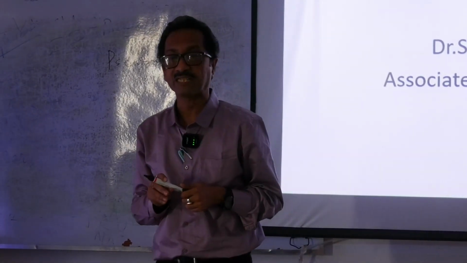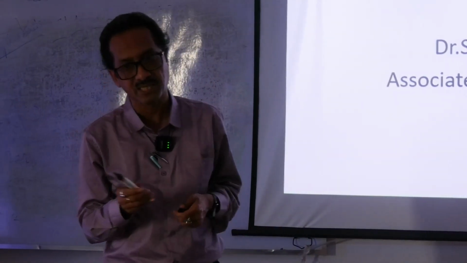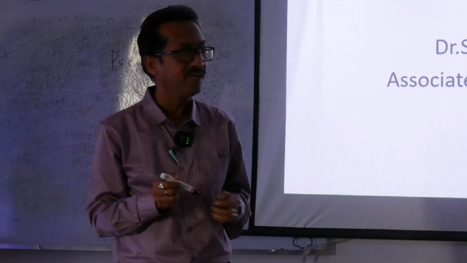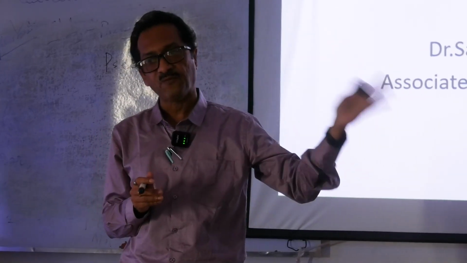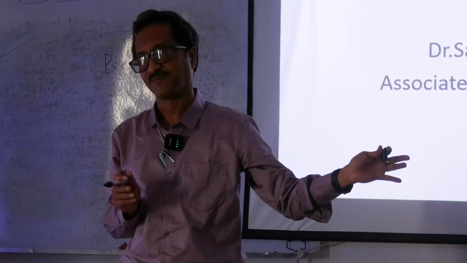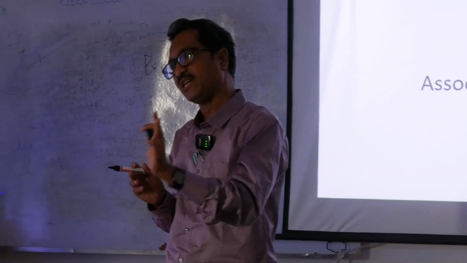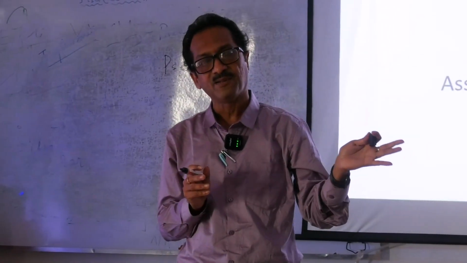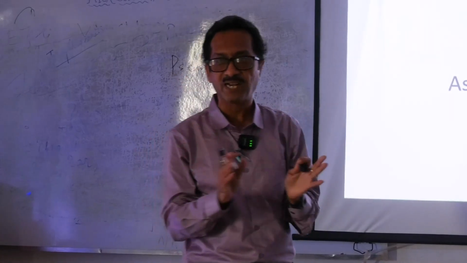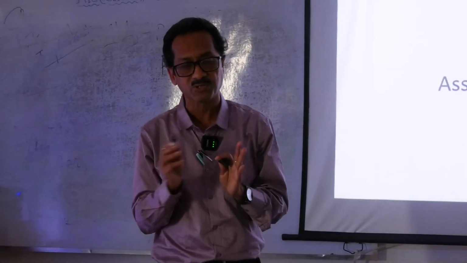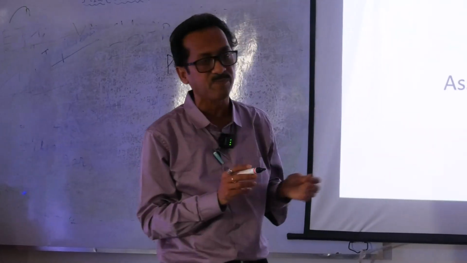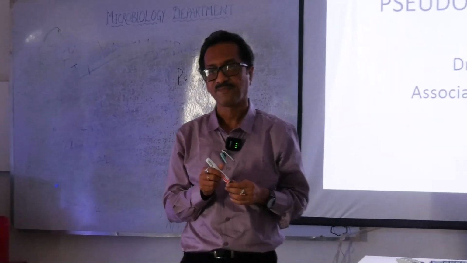Or what can be asked about sample collection? What are the diseases caused and sample collection? Pseudomonas is such an organism, it can infect any organ. It eventually infects any organ, but mostly in a hospital acquired setting or hospital acquired infection. That is the most important. What are the most important parts of Pseudomonas aeruginosa?